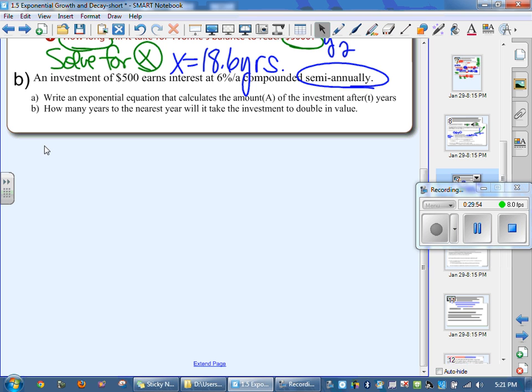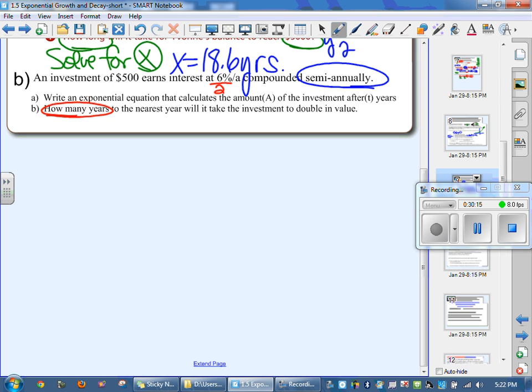Now, I'm going to be solving for n because it's saying how many years. So I'm going to solve for n or x, and I'm going to be given a y value, meaning a money amount. So the question's saying in B, how many years or how long does it take for you to double your investment? Well, we need to write our equation first.